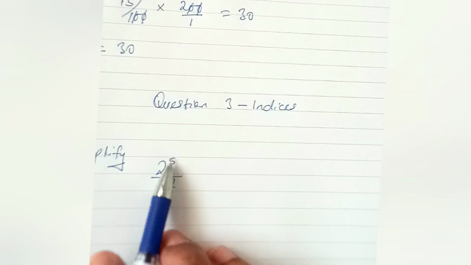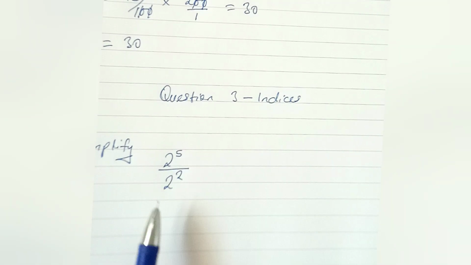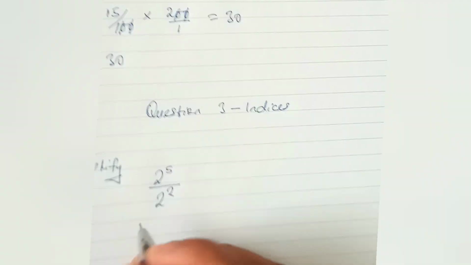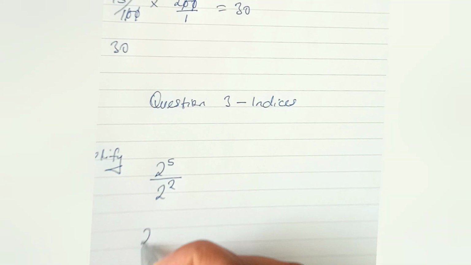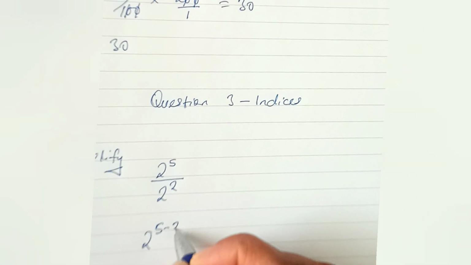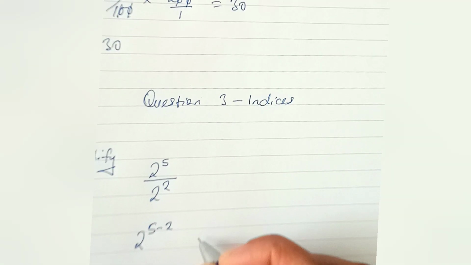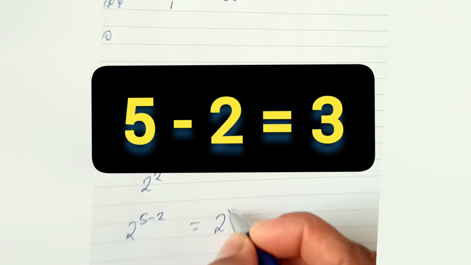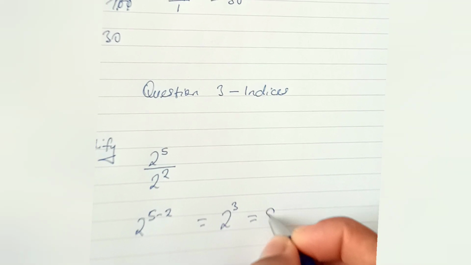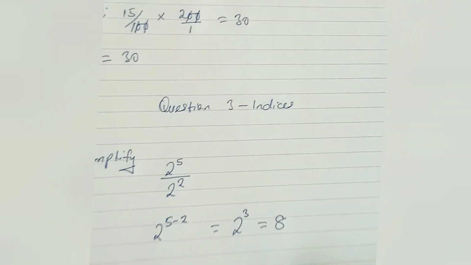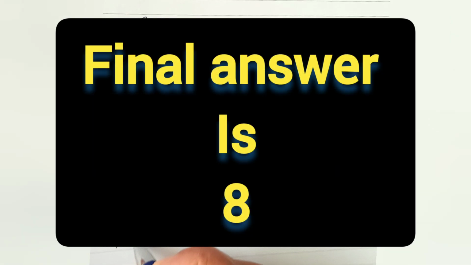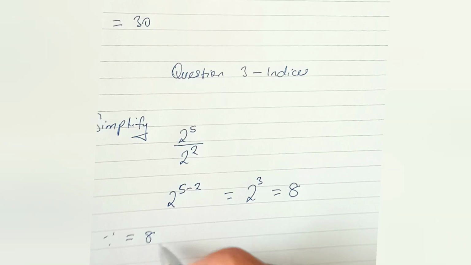So these are the powers, and they have the same base. So we have to subtract the powers. 5 minus 2 will give you 2 raised to power 3, and 2 raised to power 3 is 8. So the final answer to this problem is 8.